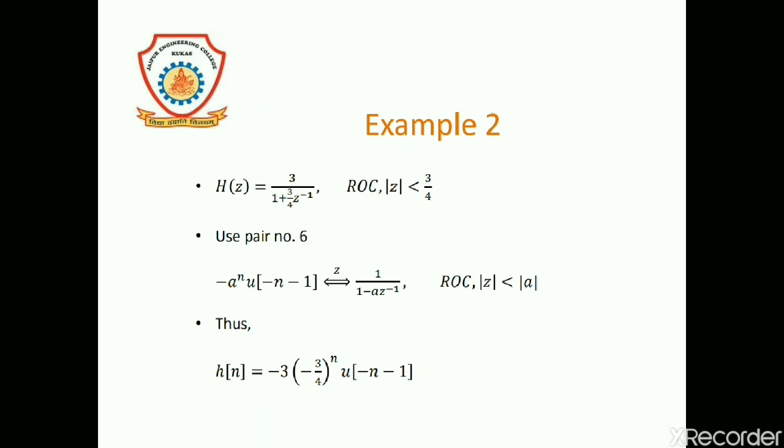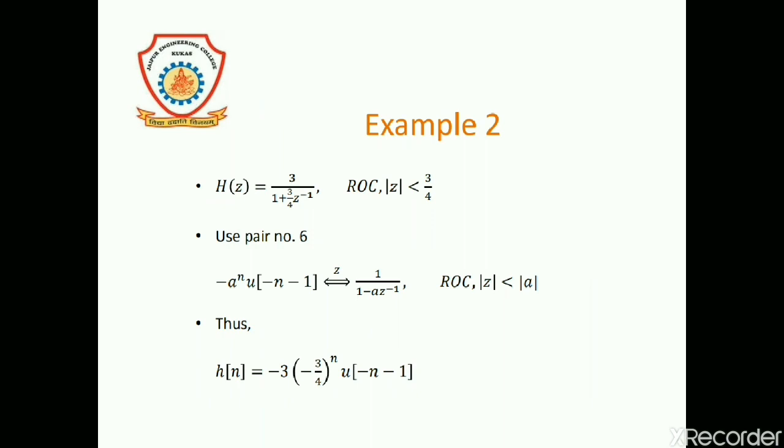So using pair number 16 from the table, we have minus a to the power n u[minus n minus 1]. If the signal is in this form, then the Z transform for this signal will be 1 upon 1 minus a Z inverse, and the ROC will be mod of Z less than a.